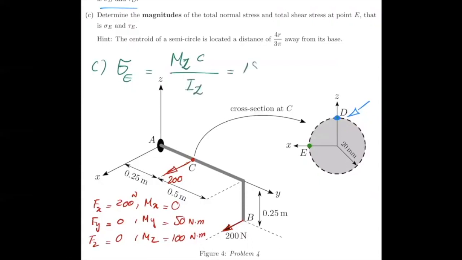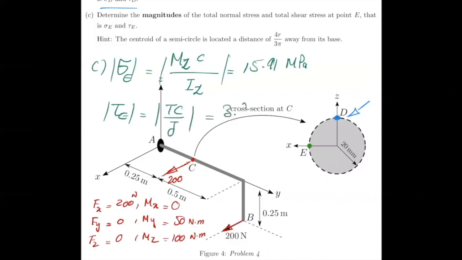So if you do that, you get 15.91 megapascal, and then tau E, and again, these are magnitudes because the question specifically asks for magnitudes to make it simple for you. And then you would also have this torsion problem again, Tc divided by J, and now you get 30.98 megapascal. So for point E, again, due to torsion.